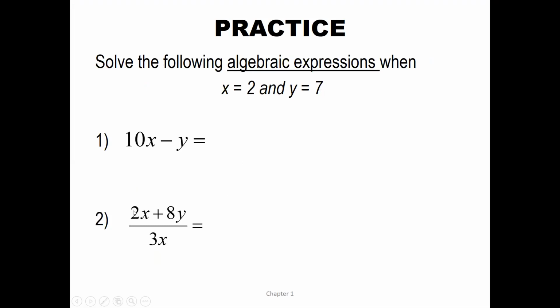Same thing here. We have 2 times x, or 4, plus 8 times y. 8 times 7 is 56, right? So 4, and then over here we have 3 times x, or 6. So we have 4 plus 56 equals 60 over 6. The answer is 10.